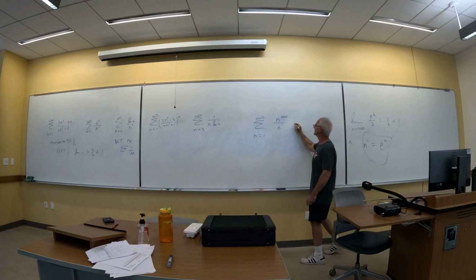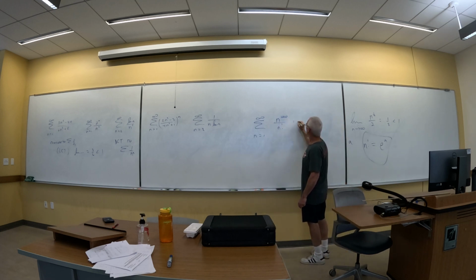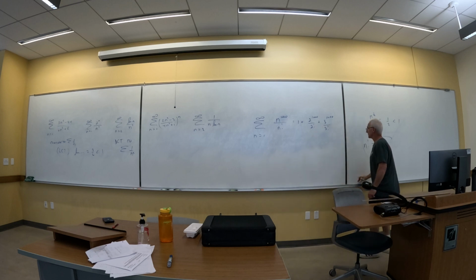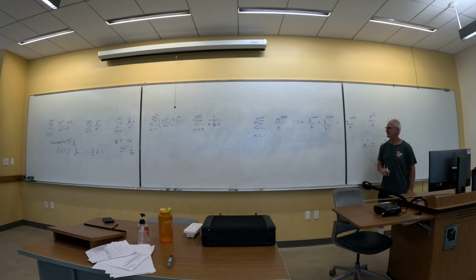Now, if I just write the first few terms, it'll be 1 plus 2 to the 1,000th over 2 plus 3 to the 1,000th over 6 plus, I think I see where this is going, 4 to the 1,000th over 24. It's getting kind of big.